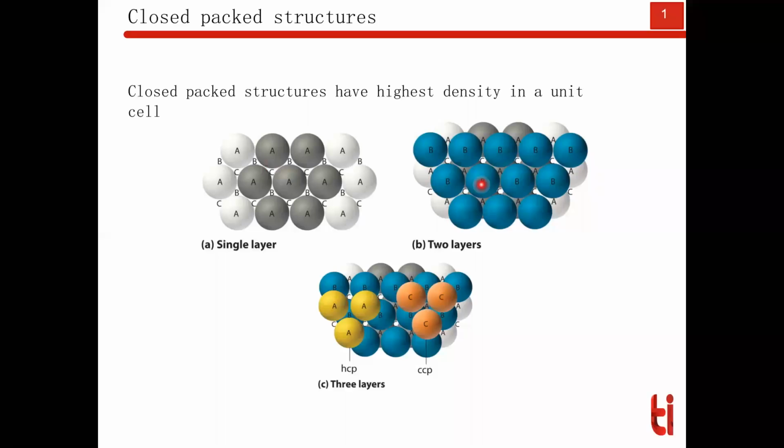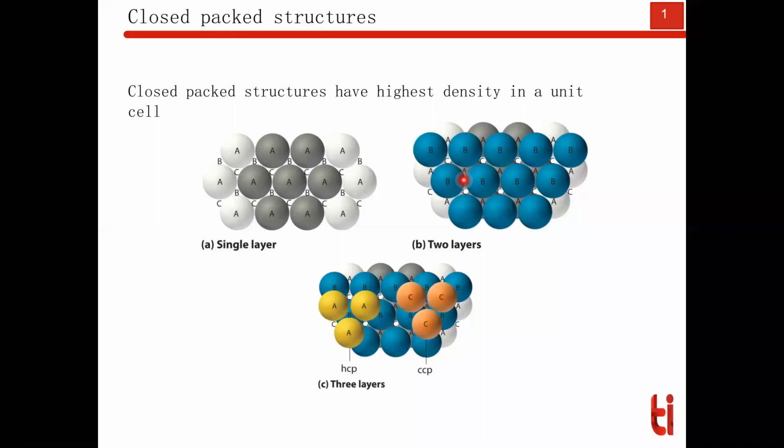Now to get better clarity, move to image B. What we did is we took the single layer of atoms A and then filled the valleys marked B with blue-colored atoms. So now you can see there are two atomic layers.